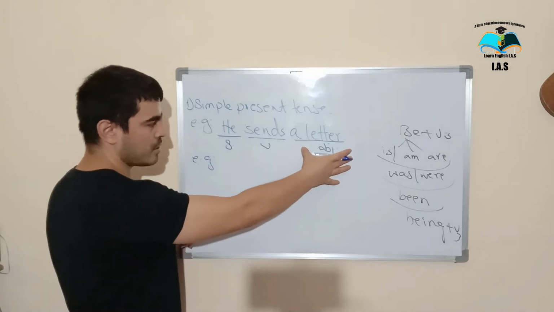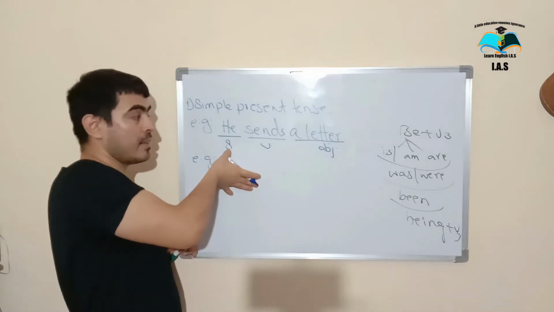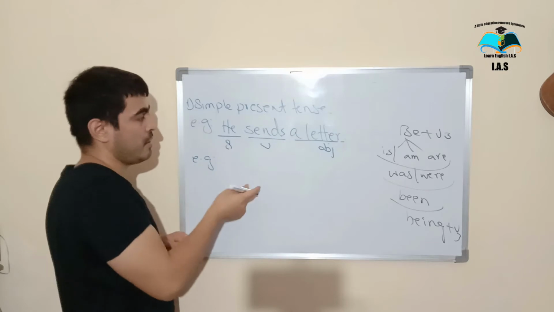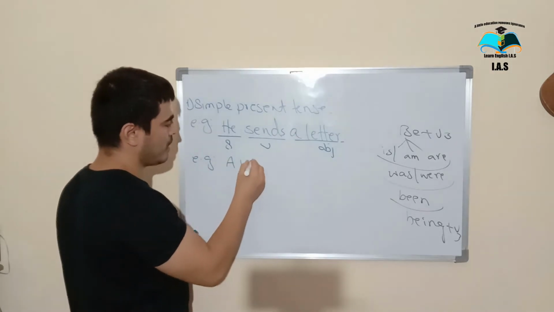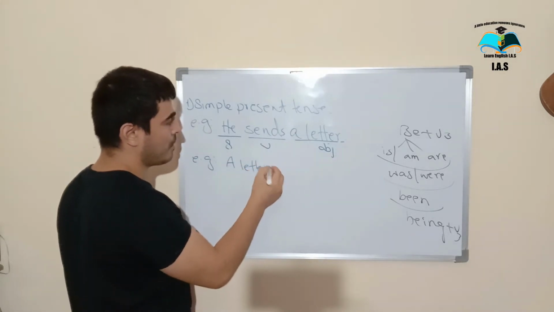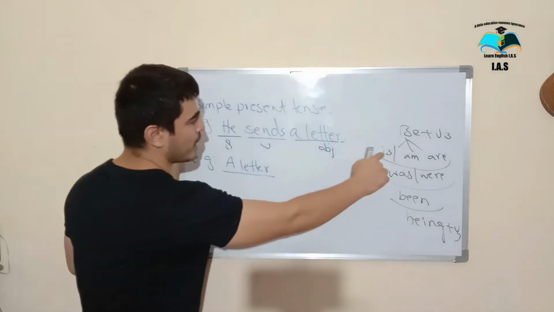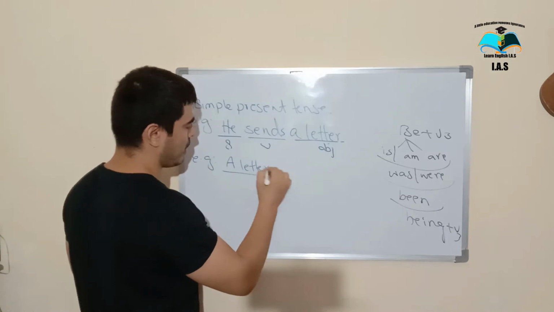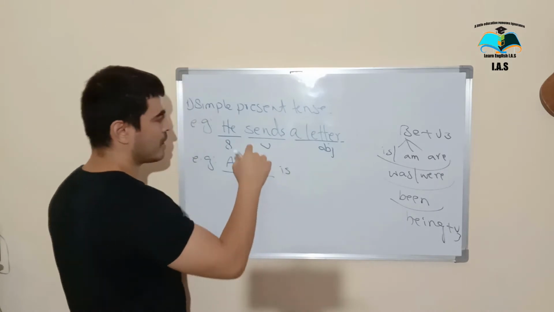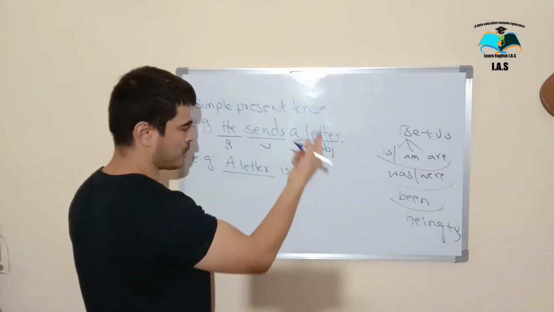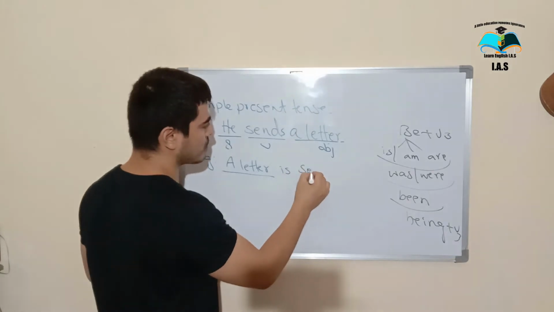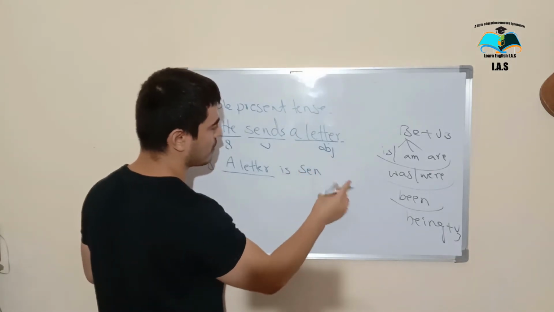This comes as a subject of the passive. So I can say later, letter, because this is a singular subject. So is comes here, letter is. Then I have to change this one to the past participle, verb 3. So it comes sent.